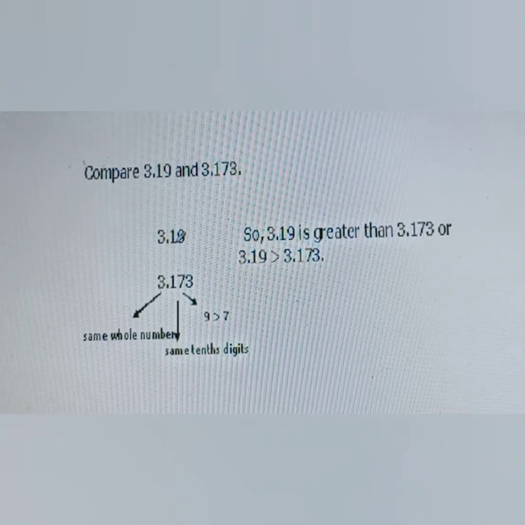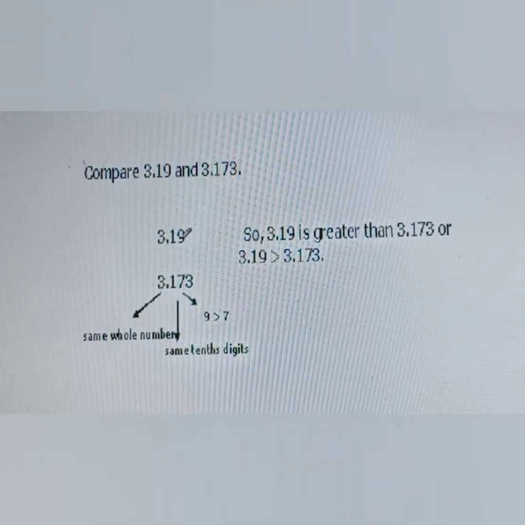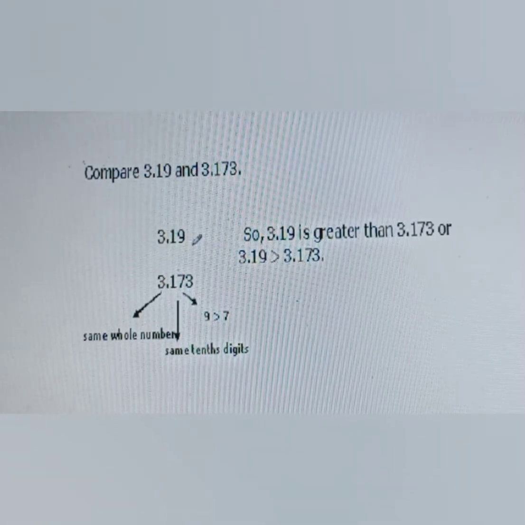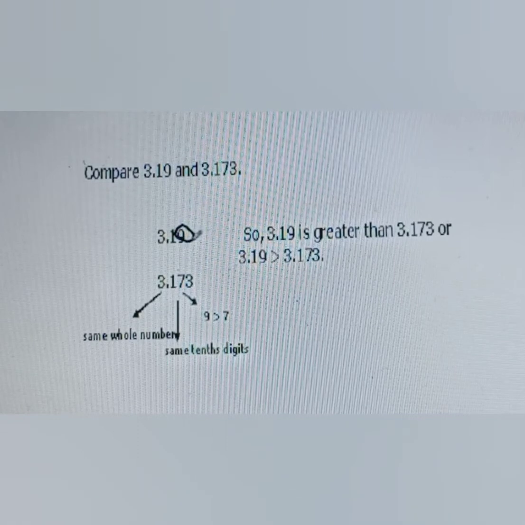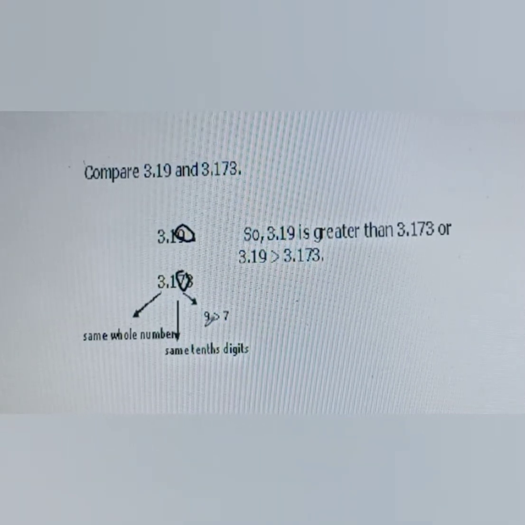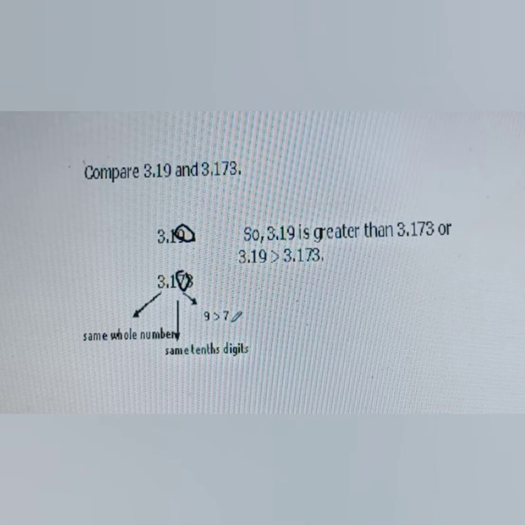If we cannot compare the tenths digit or the whole numbers, we go to the next place value, which is the hundredths. So here, we compare the 9 and the 7, correct? If we compare 9 and 7, we can say that 9 is greater than 7.